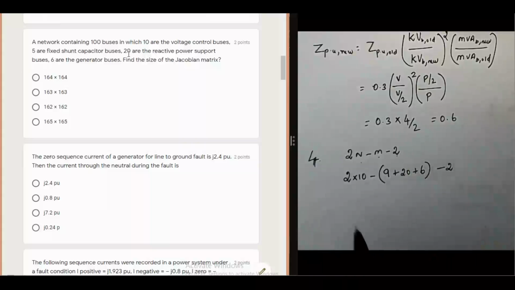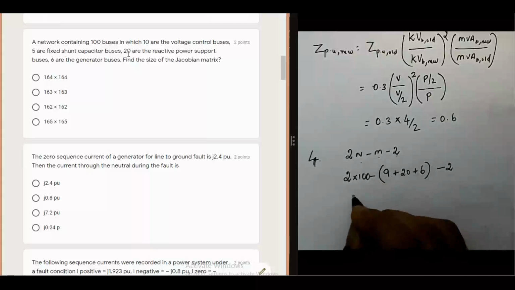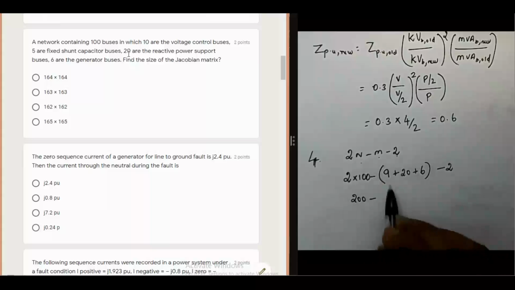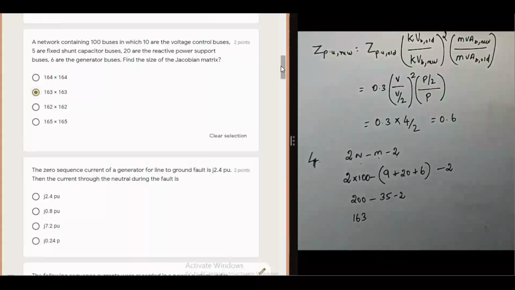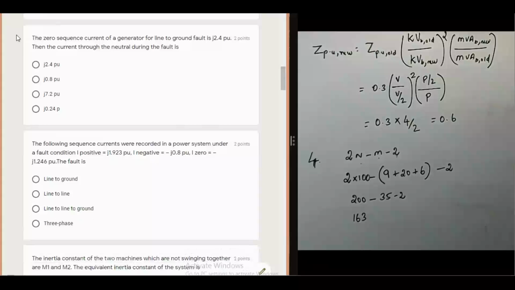Then simplify: that is 200 minus 35 minus 2, which equals 163. The Jacobian matrix size is 163 cross 163. The second option is the correct answer.